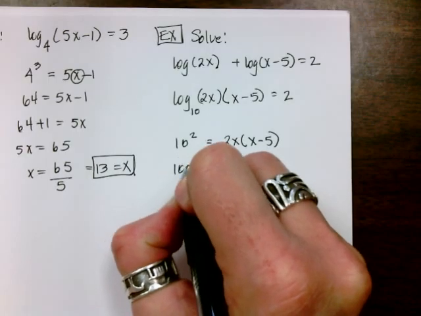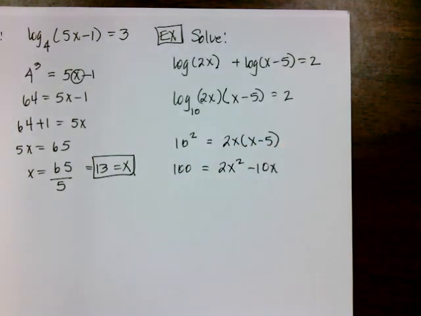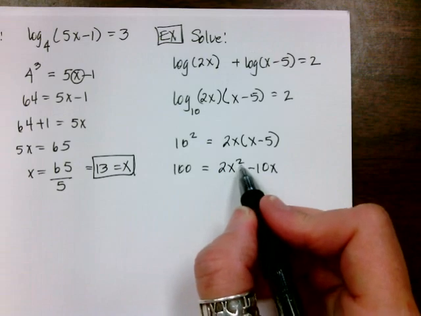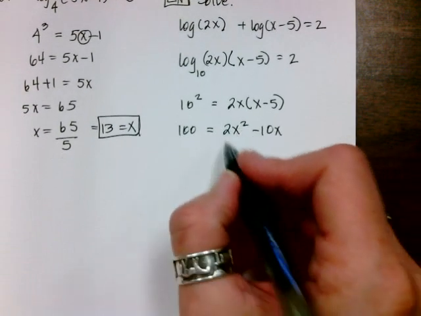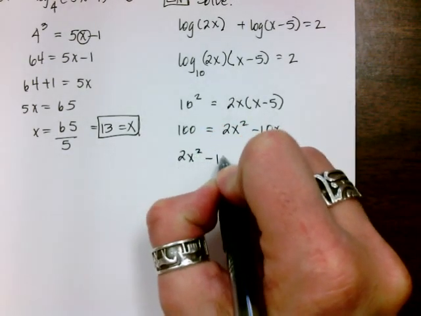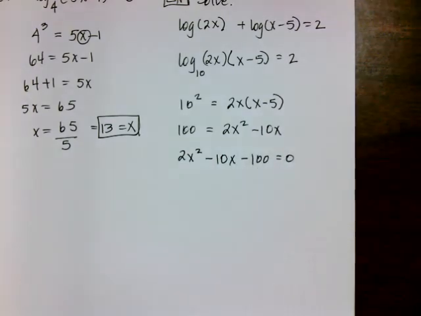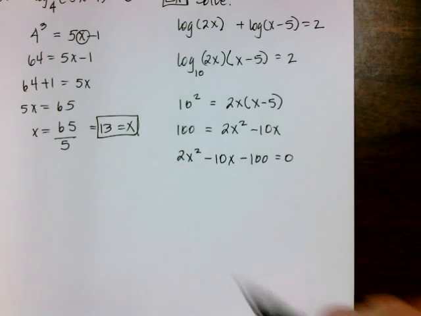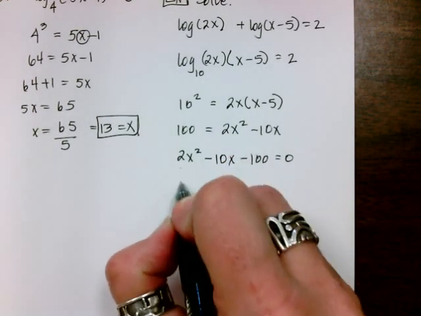So I'm going to get 100 is equal to 2x squared minus 10x. So I distributed. This is a second degree polynomial. It's a quadratic, so I need everything on the same side to solve. So I'm going to get 2x squared minus 10x minus 100 is equal to 0. And I just put everything on the left because I like my variables on the left. I'm going to divide by 2.